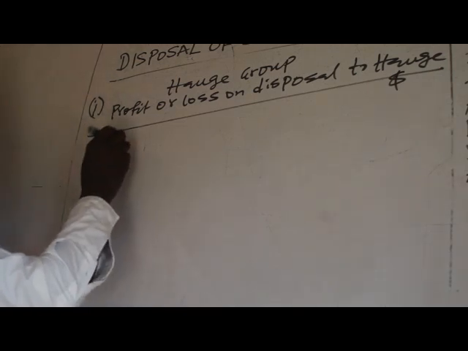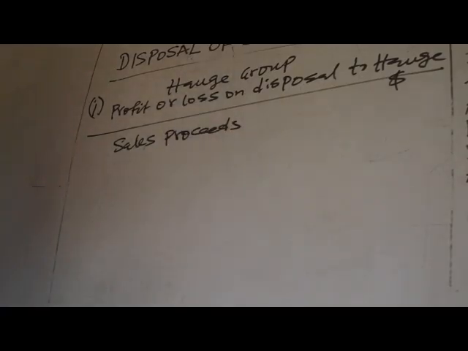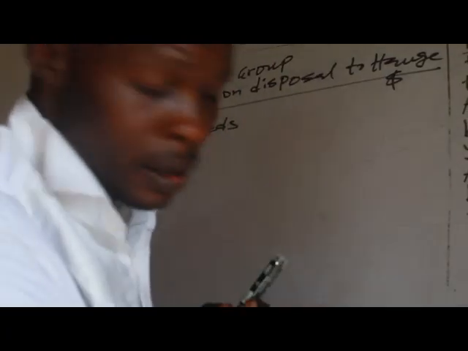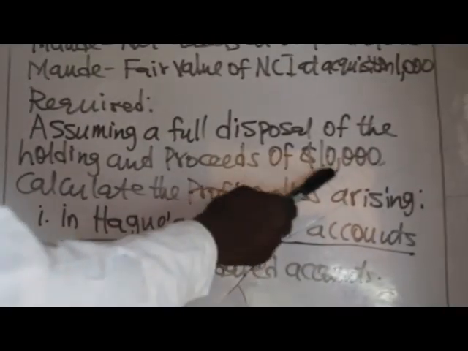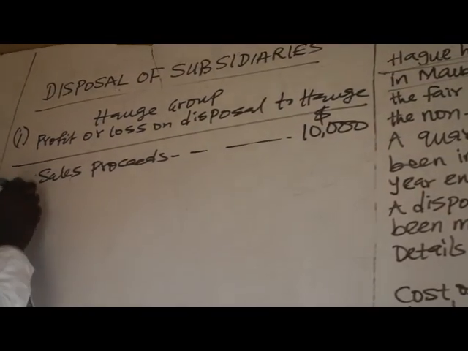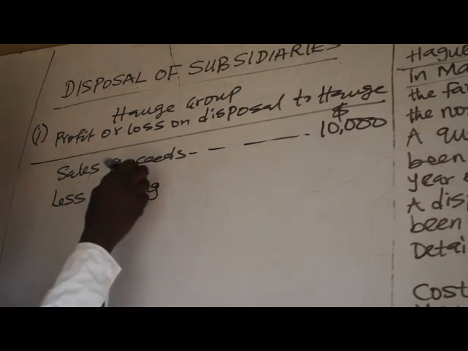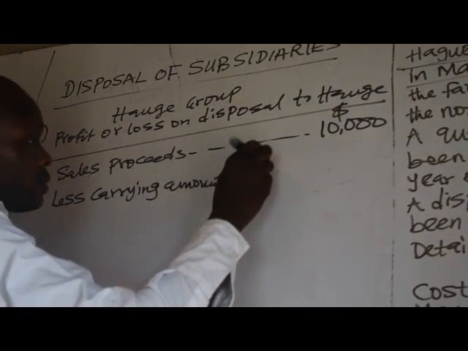So you have sales proceeds. The sale proceeds of the investment is $10,000, a full disposal of the holding and proceeds of $10,000. Now less the carrying amount of investment.